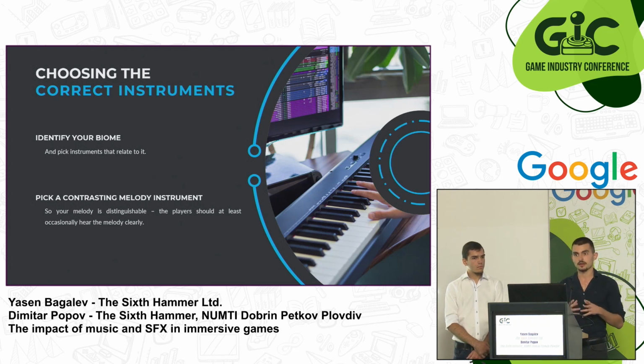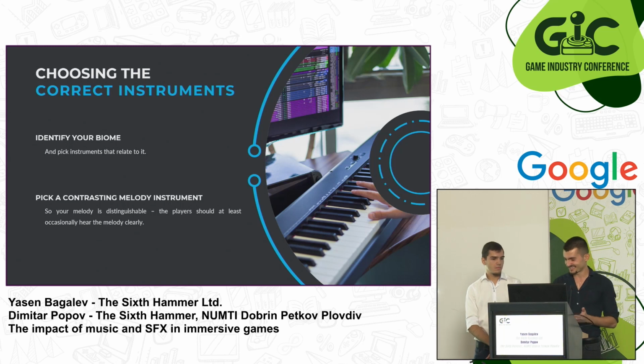Also, you should pick a contrasting instrument for the melody. The melody should be heard very clearly, at least from time to time during the entirety of your soundtrack. That will make it stick in the heads of the players. After all, you want them to whistle it after they finish playing your game, right?